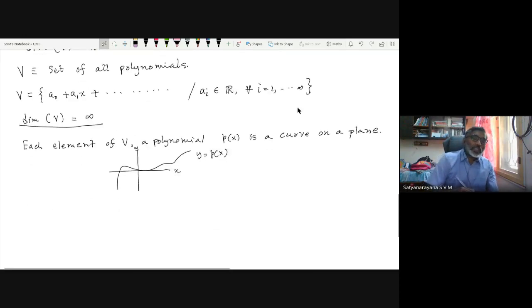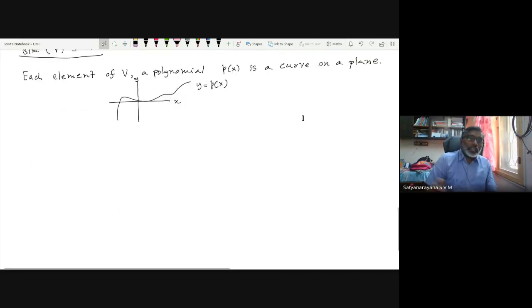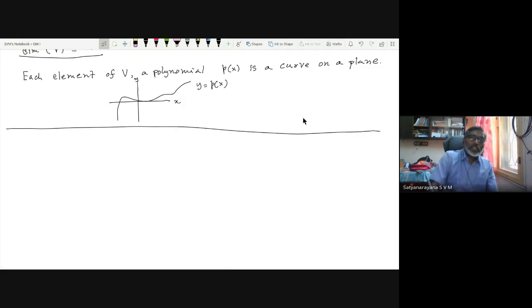Now let us look at another example. Now I consider the vector space V as the set of all functions f of x such that x belongs to [0, 1].